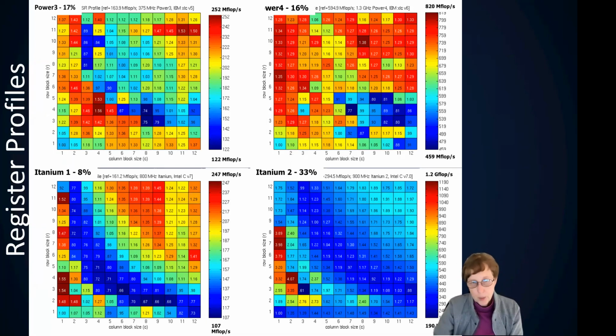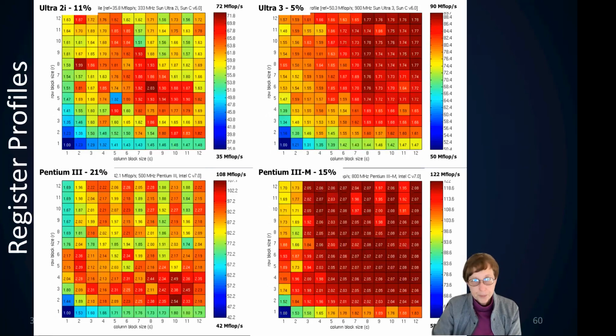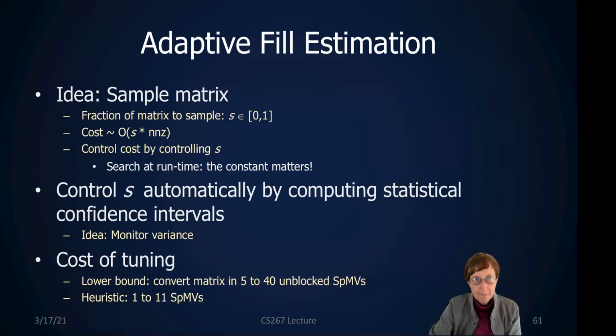That shouldn't be surprising, because once you've made the size of that block too large, it won't fit in registers, and the compiler is going to generate a bunch of spill code in order to make that little inner loop work well. And there are some more heat plots, and Pentium has a much more stable heat plot, but also has a little bit less performance advantage overall.